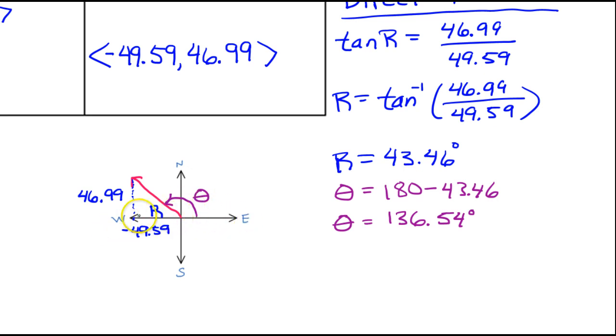So if we start off looking at west, we could get to the resultant vector by turning this many degrees north. So we could think of this angle, this position, as being west, and then turn 43.46 degrees towards the north.